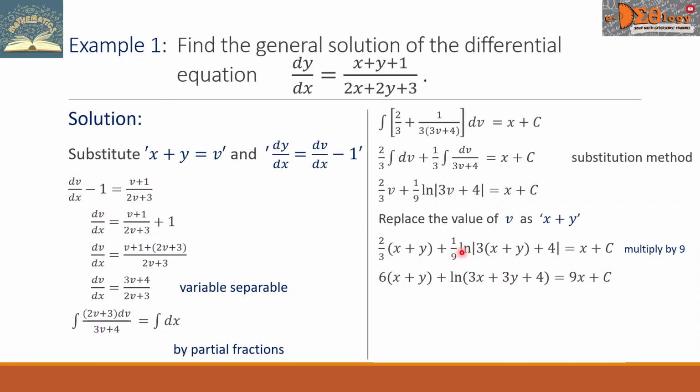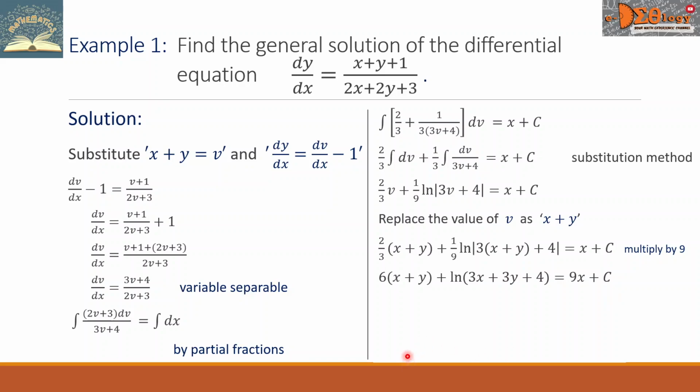We will just copy this natural log, and then the right side becomes 9x plus c. Take note that when we multiply the c by 9, it becomes 9c. But since it is also a constant, we can simply write here c.